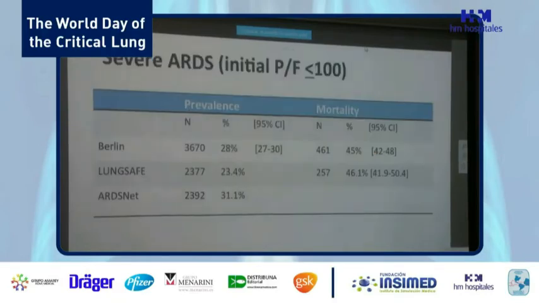I'm going to go on, though, to say that there are indications that the patients in the cohort determining the Berlin criteria, and in the LUNG SAFE cohort, patients with severe ARDS, that is presenting with a PF of less than 100, have substantial mortality, still 45 to 46% in those 2 groups.